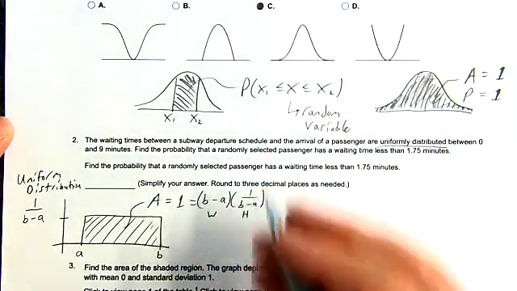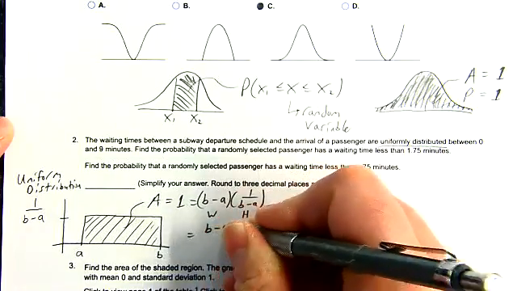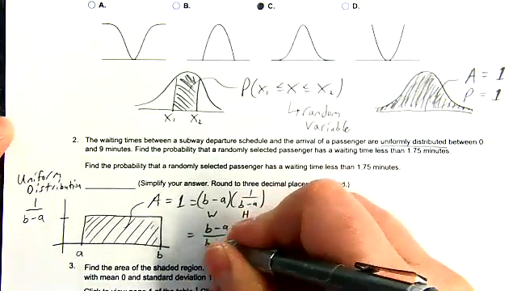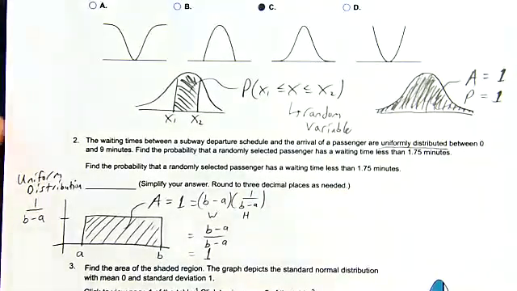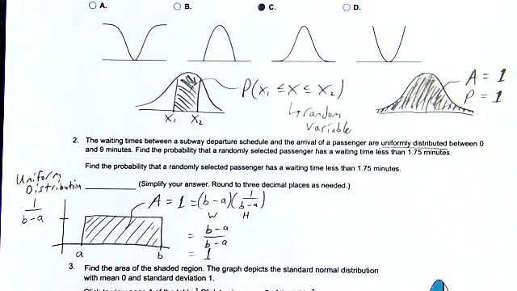If you multiply these two things together, you get B minus A on top and B minus A on the bottom, which is just 1. So this is a very, very simple kind of distribution because rectangle areas are extremely easy to calculate. You just have to multiply two numbers together, a width and a height.